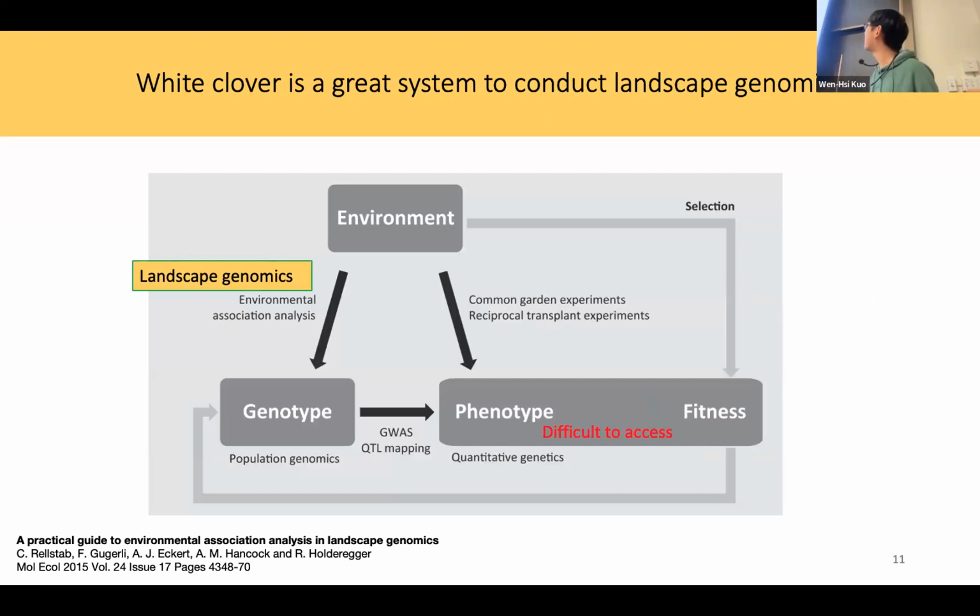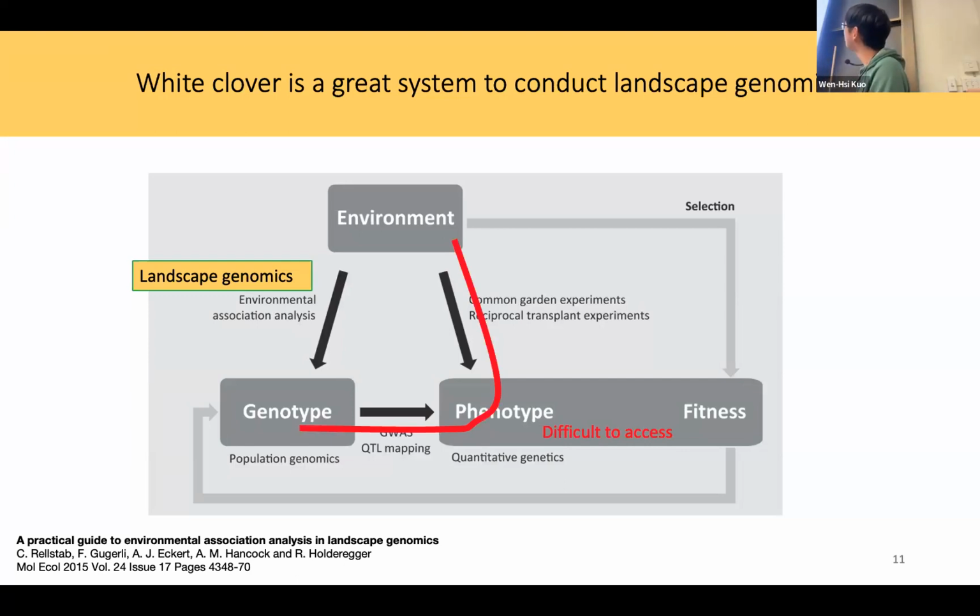So let's go back to this triangle. Here, the transplant and common garden experiment investigated the relationship between environment and phenotype. And the cyanogenesis polymorphism in clover bridged across environment and phenotype, and also genotype.